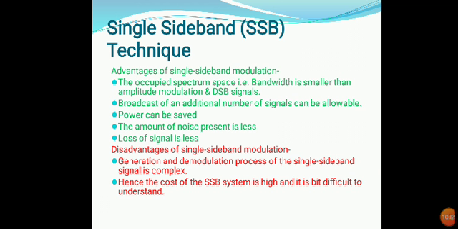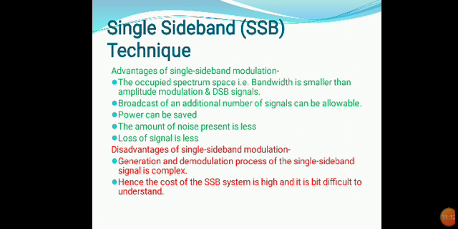The amount of noise present is less as the bandwidth is reduced, and loss of signal is also less because now it is a bit complicated, coded sort of signal.